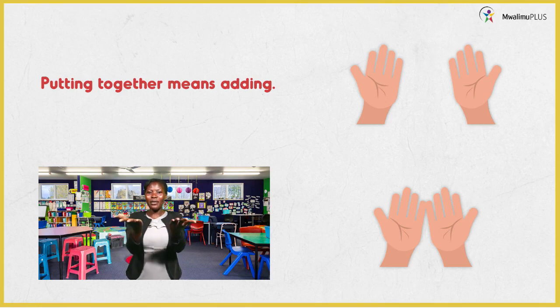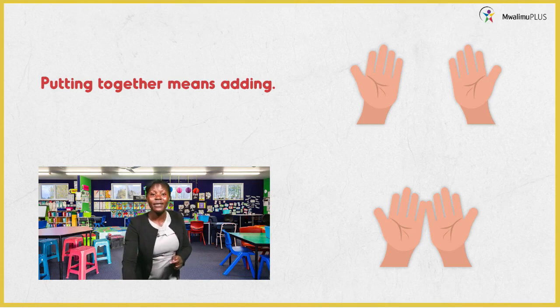When I put them together like this, how many fingers are they? 1, 2, 3, 4, 5, 6, 7, 8, 9, 10. So all these are 10 fingers. We had 5, then another 5. We put them together, then they are 10 fingers. So this is what we're going to do, putting together.